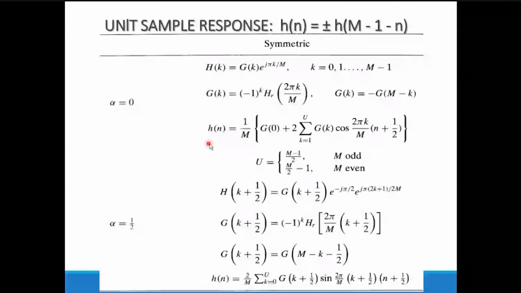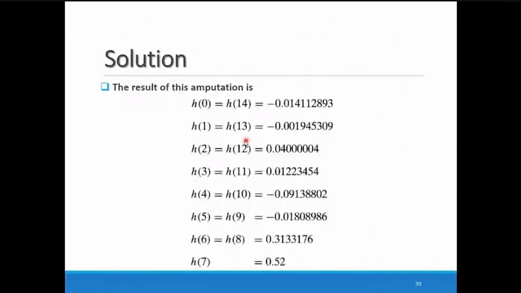So here these things are mentioned. As this is a symmetric one, total M is equal to 15. Our symmetry is like this: h of 0 is the same as h of 14, h of 1 is the same as h of 13, like this.